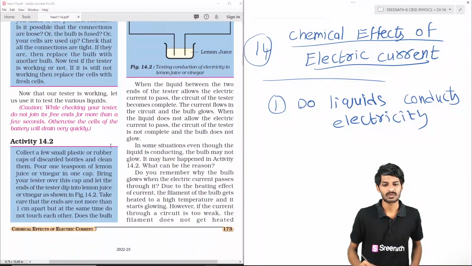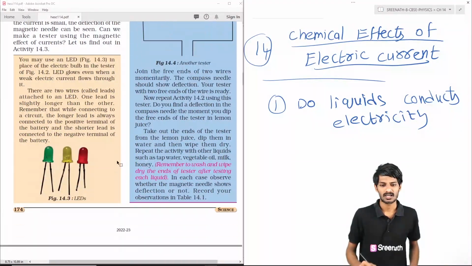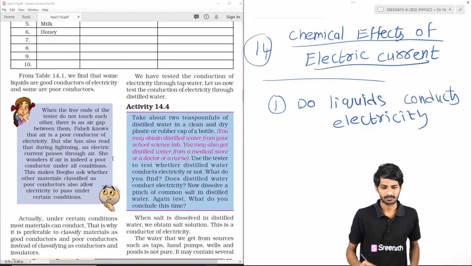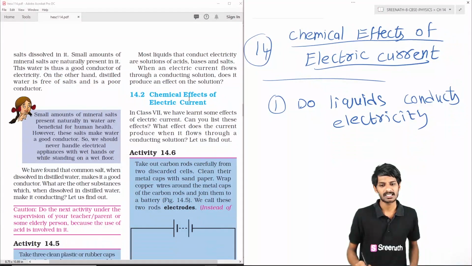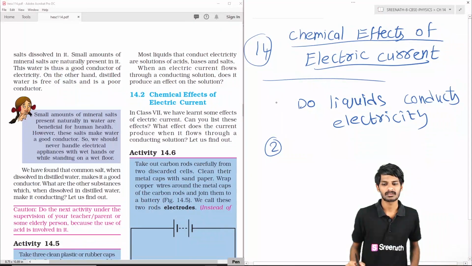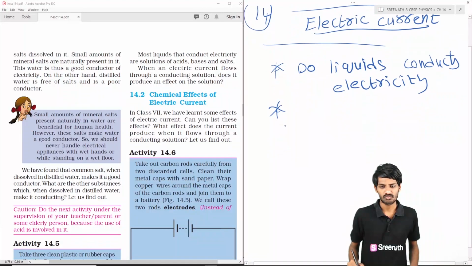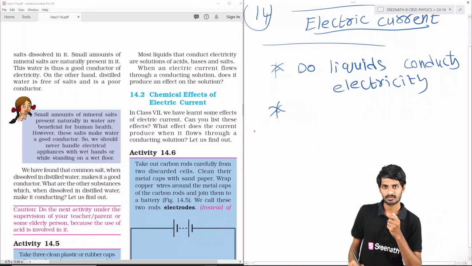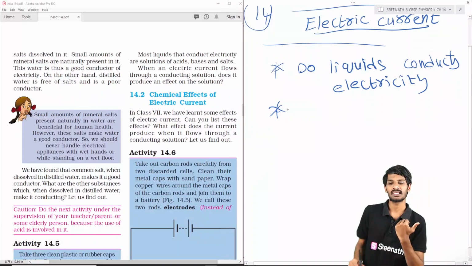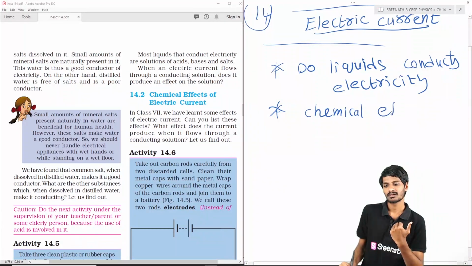The next topic is chemical effects of electric current. Whenever the electric current passes, what are its chemical effects?